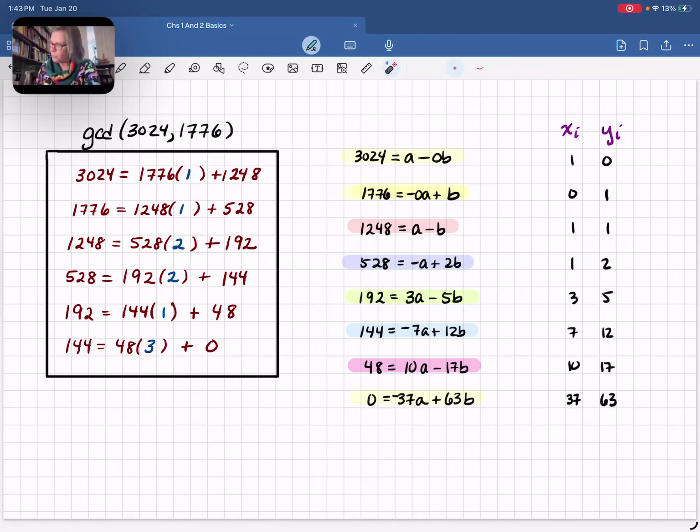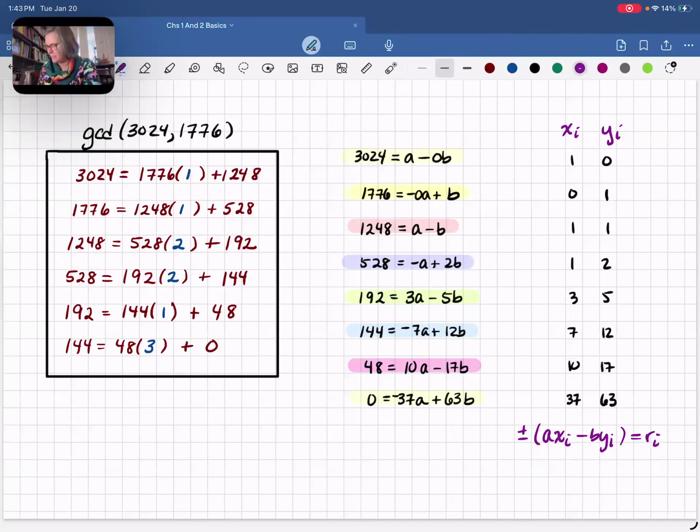And so one way that I can write this is to say that in general, if I look at plus or minus axi minus byi, that will give me the remainder ri. That's what I'm labeling these variables xi and yi, and noticing that if I subtract those two, and then I might have to do a plus or minus, it'll alternate, and I'll get ri.